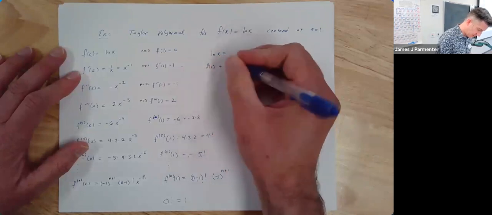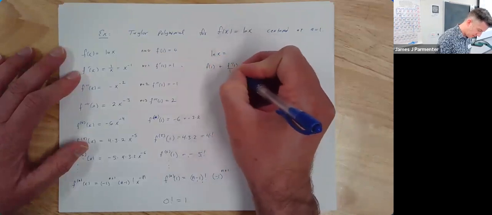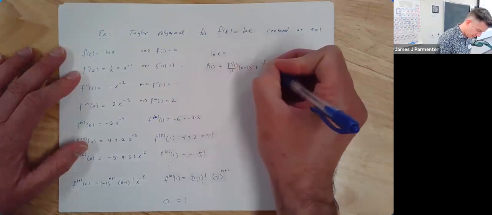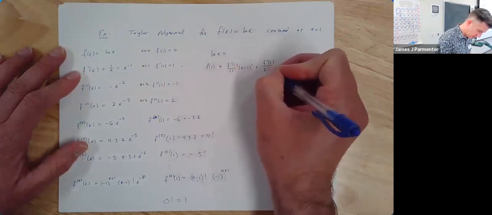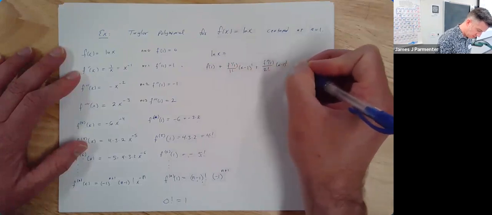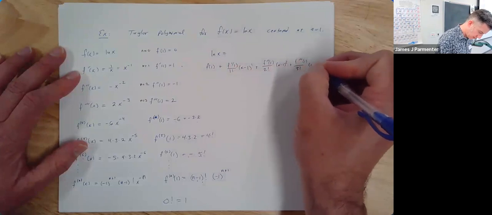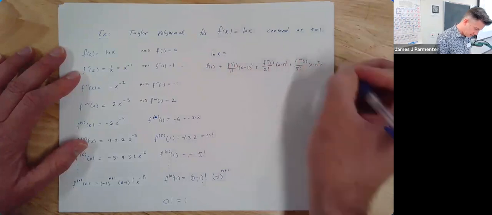It's going to be f of 1 plus f prime of 1 over 1 factorial times x minus 1 to the first plus f double prime of 1 over 2 factorial x minus 1 squared, f triple prime of 1 over 3 factorial, x minus 1 cubed, and so on. But check this out.